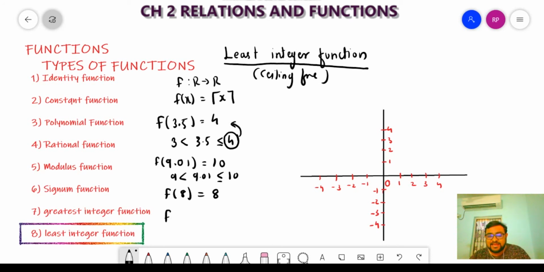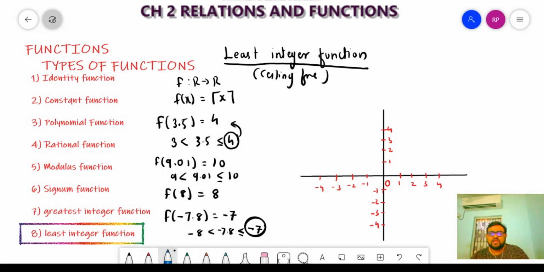If I take negative number, minus 7.8, then see minus 8 less than minus 7.8 less than equal to minus 7. Here this will be equal to minus 7. We will take the values of the right.